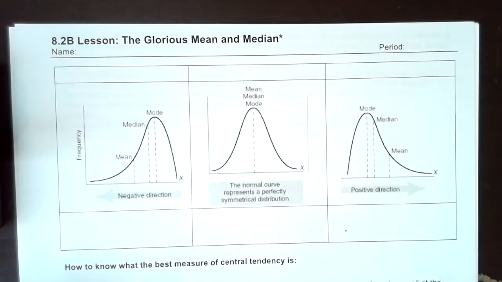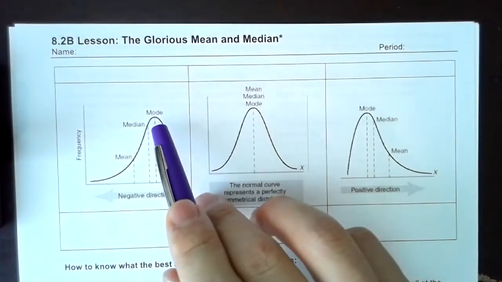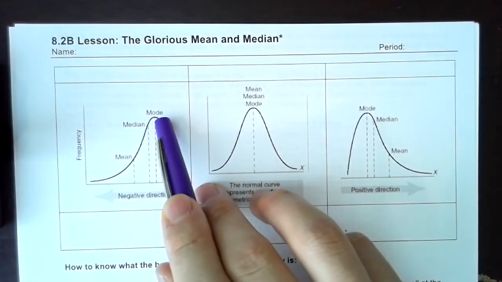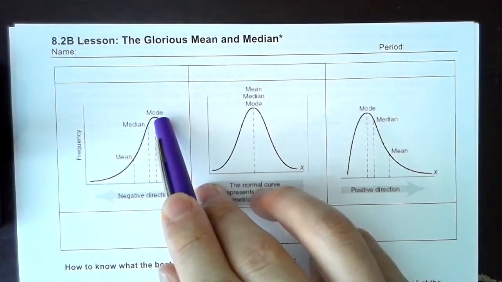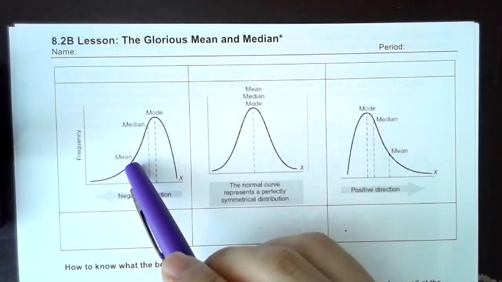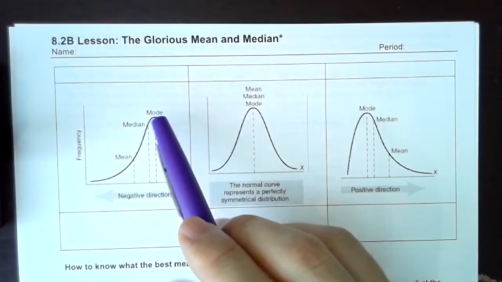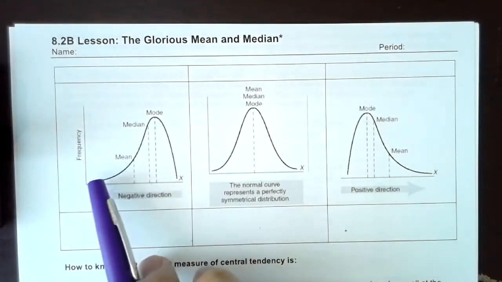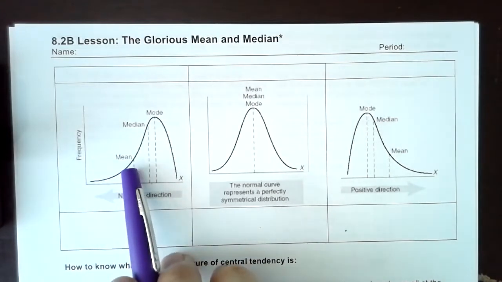That basically means, for example, if we were comparing grade scores on a test, maybe the average for the class was a 75%, but the most frequent score for the class was an 85%, right? It seems kind of weird that the average would not be similar to the mode, right? But that certainly can happen, and it's because data points over here can be pulling the average down, right?